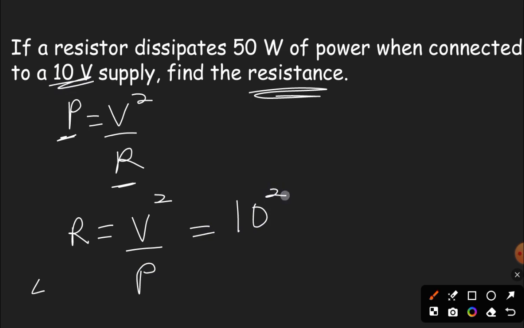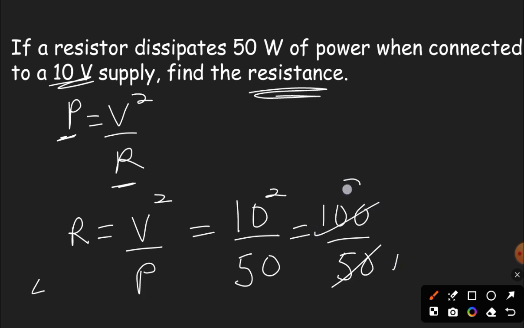So that's our voltage, 10 squared over the power 50 watts. So 10 squared is 100 over 50. So 50 here 1, 50 here 2. So our answer is 2. And what's the unit for resistance? 2 ohms. That is it.